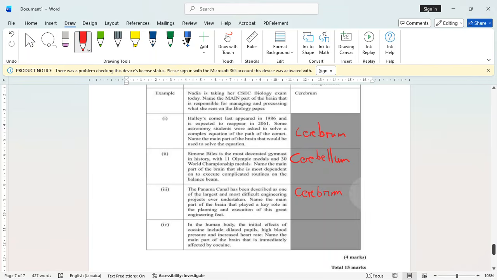In the human body, the initial effects of cocaine, including dilated pupils, high blood pressure, and increased heart rate, name the main part of the brain that is immediately affected by cocaine.